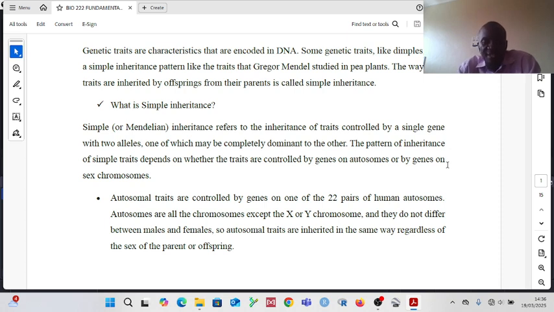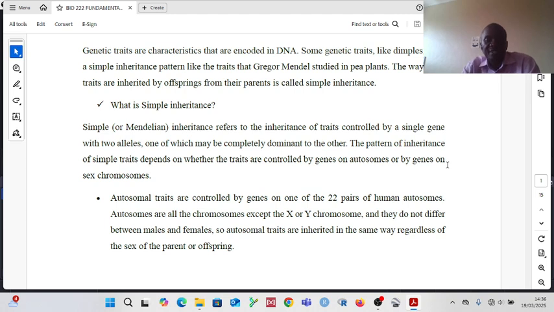That means traits located on autosomes will be inherited in the same way, irrespective of whether they are coming from the father or the mother, because the autosomes are just the same.